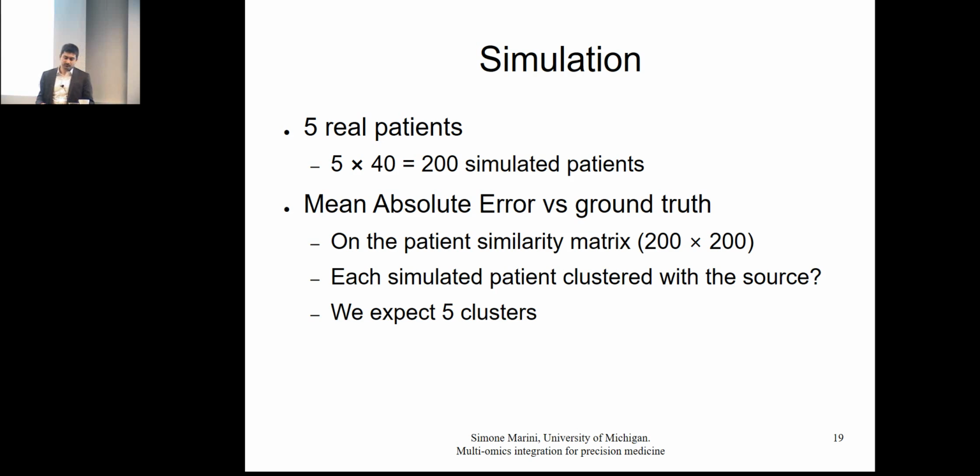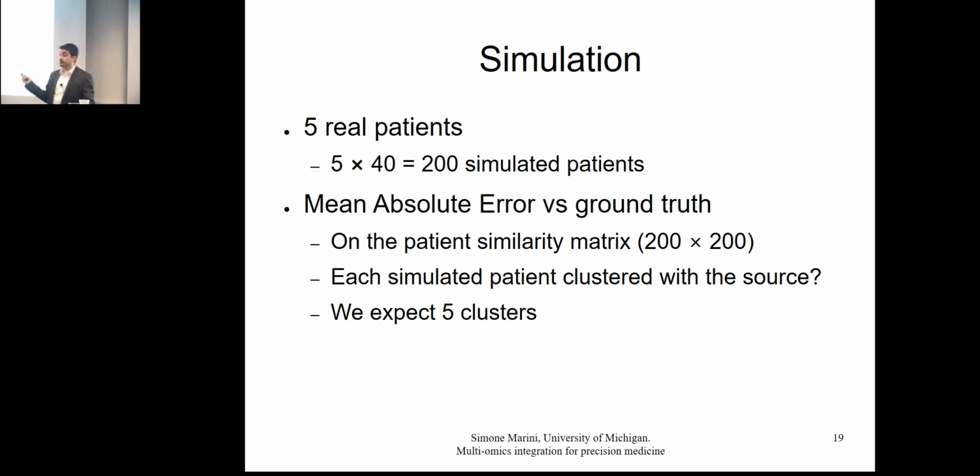Well, I just put dirt on the data. So I can use noise, I can make data more noisy, or I can remove some data. I can add missingness, so to speak. So I can take 5 patients, and for each of the patients, I add some noise, I remove some data, and so forth. And this way, I create 5 clusters.